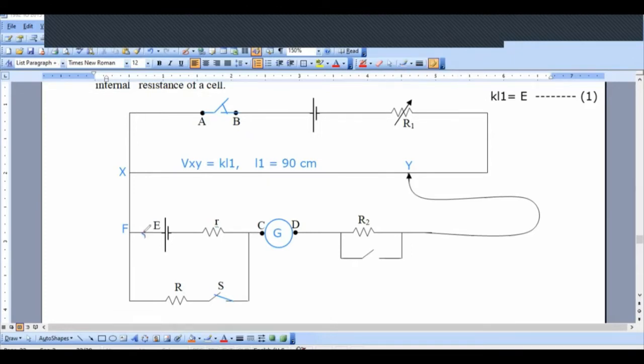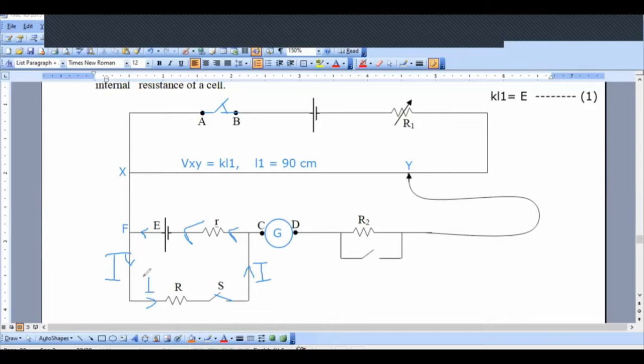Please write: when the switch S is closed, a current flows in the given battery capital E and the given resistor capital R.